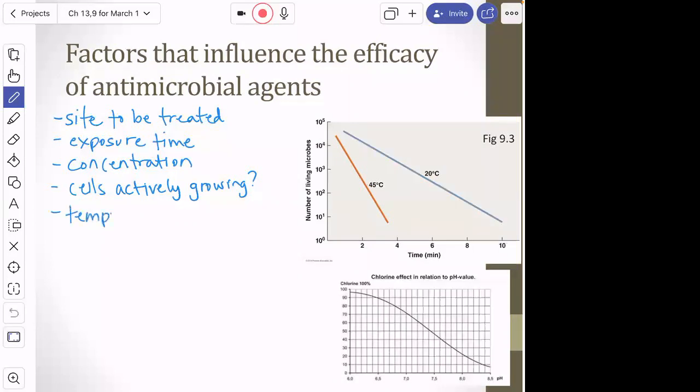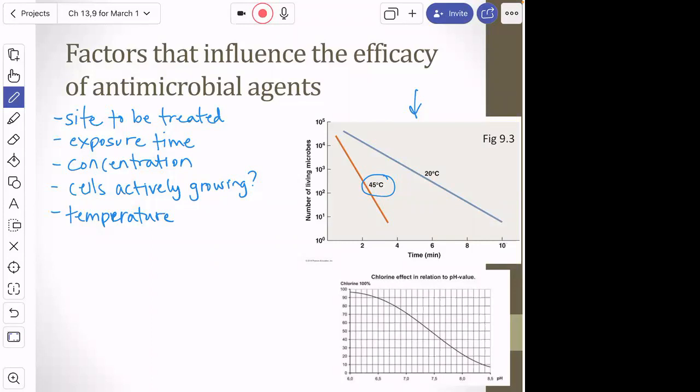Sometimes temperature can play a role. You'll see this graph here, figure 9.3. I think it's applying some chemical to some surface. I forget which chemical it was using, but it tested the killing power, or how long it took to kill, both at 45 degrees Celsius, which is pretty warm, right?